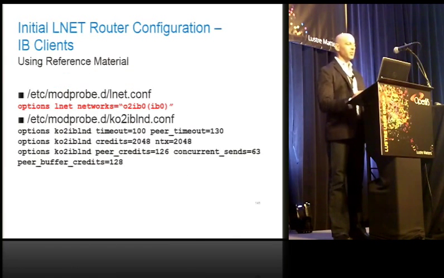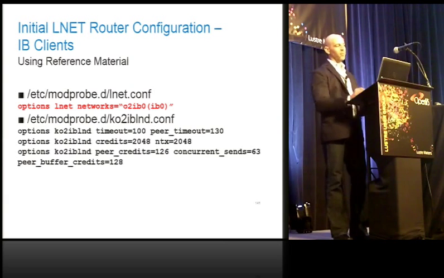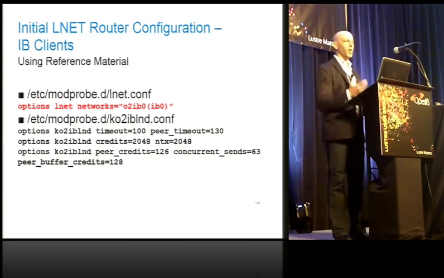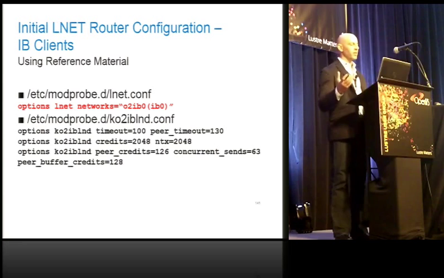This is a little bit different than I initially thought. Because the IB clients were not routed, I figured that in the lnet.conf file I did not need to include all the standard LNET routing configuration parameters, because these are mounting the file system directly on the IB clients. So the only option I had in the lnet.conf file was the networks option, basically specifying the LNET and the interface used.